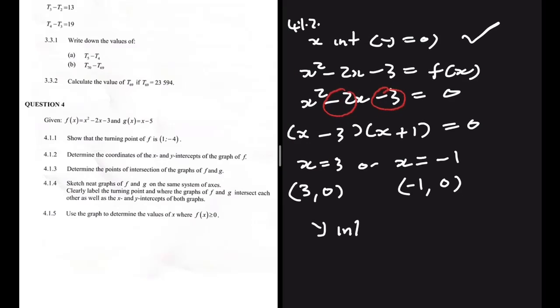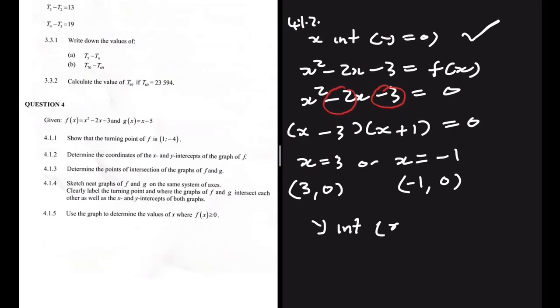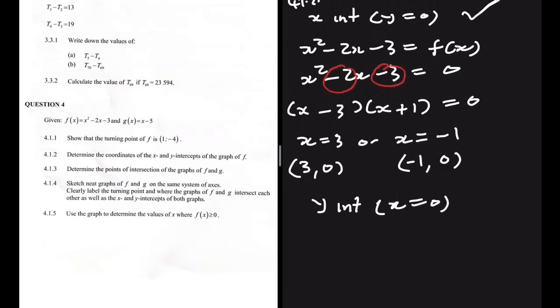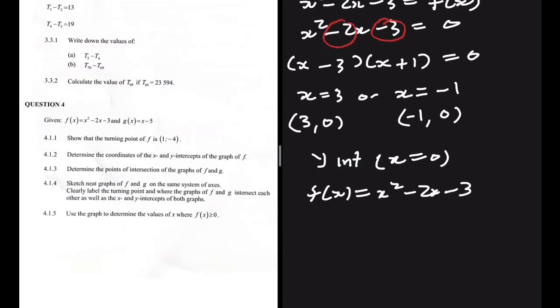So for the y-intercept, we're going to have x equal to 0, right? So now we have f of x equal to x squared minus 2x minus 3. We let x be equal to 0 now. So we're going to have y equal to 0 squared minus 2 multiplied by 0 minus 3.